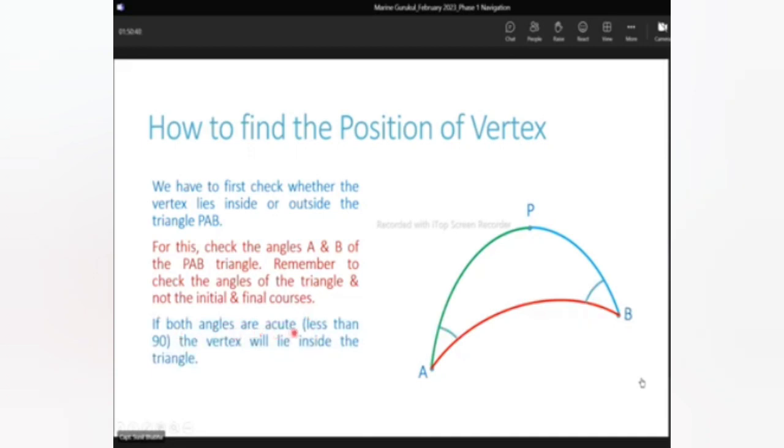If both the angles of the PAB triangle are acute, acute means less than 90 degrees, the vertex will lie inside the PAB triangle. So this is the first condition. If both the angles of the PAB triangle, angle A and angle B, are less than 90 degrees, the vertex will lie inside the PAB triangle, or the position of the vertex will be in between the initial and final positions.